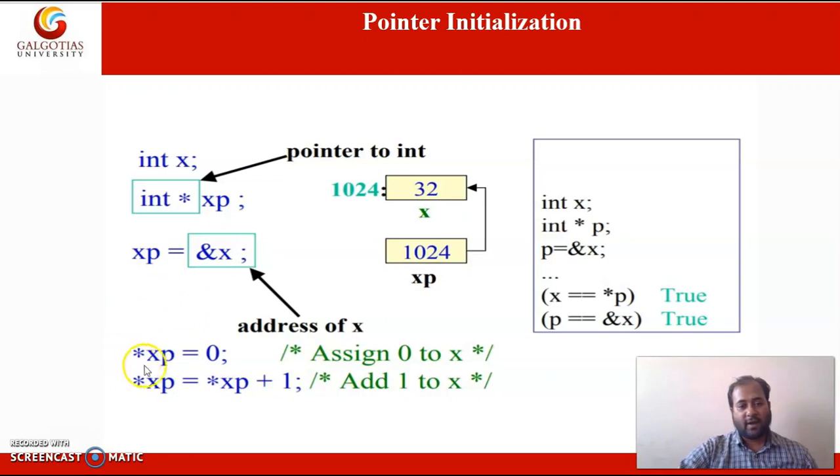So here in the statement you can see *xp. It means the value at the address of xp. Here it has address 1024, and the value stored at that address is 32.